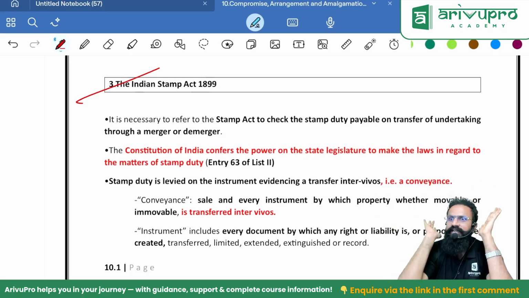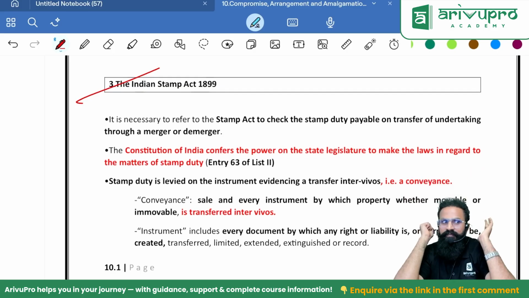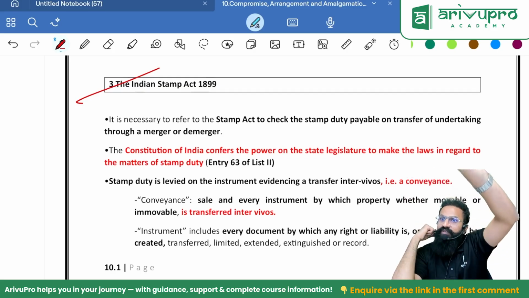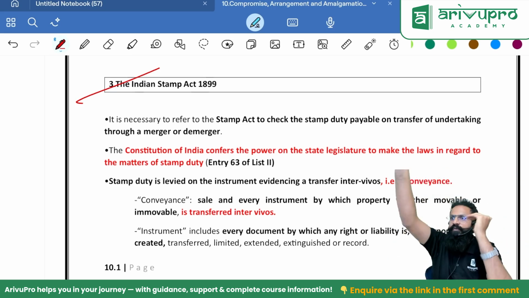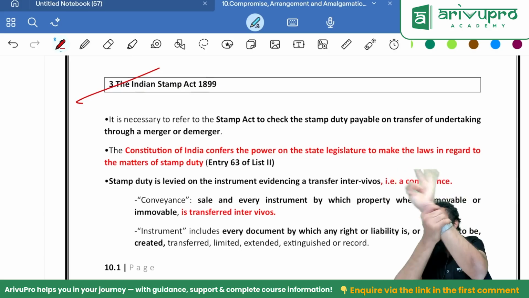That is the second way of adoption that a few states have made. The third way, people, they have come up with their own state specific acts, nothing to do with what the center has said. So these three ways the states have adopted the stamp duty in various places.